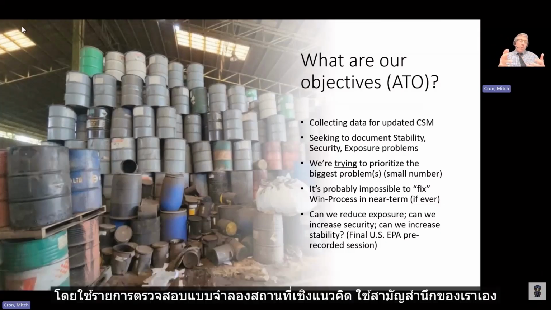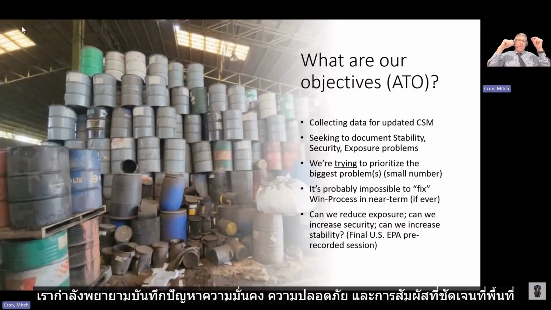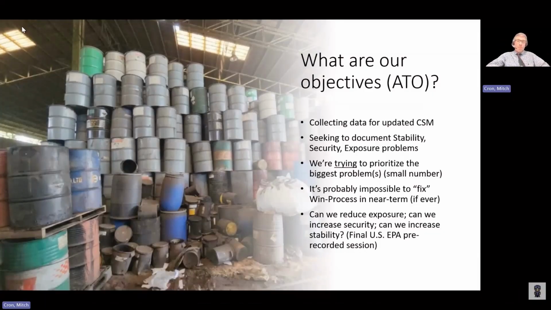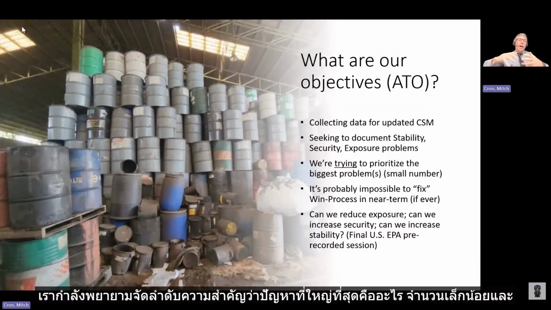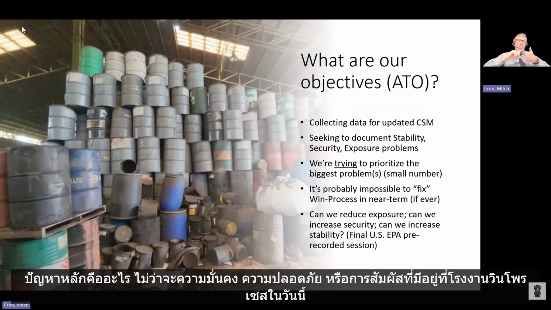Using the conceptual site model checklist, using our own common sense, we're seeking to document evident stability, security, and exposure problems at the site. We're trying to prioritize what is the biggest problem, a small number, and what are the main problems, either stability, security, or exposure, present at the wind process site today.